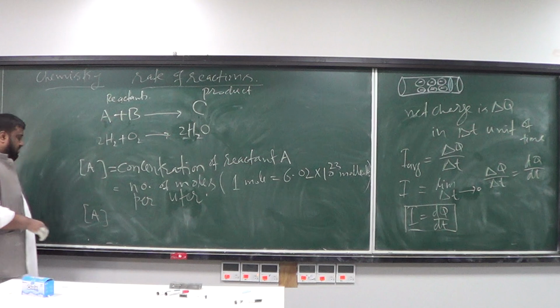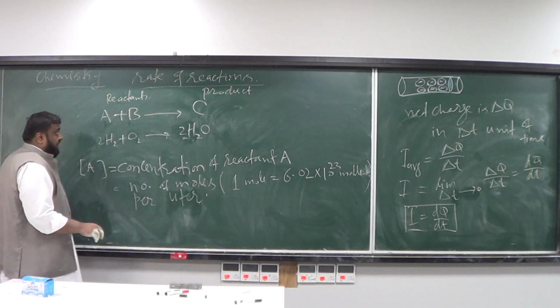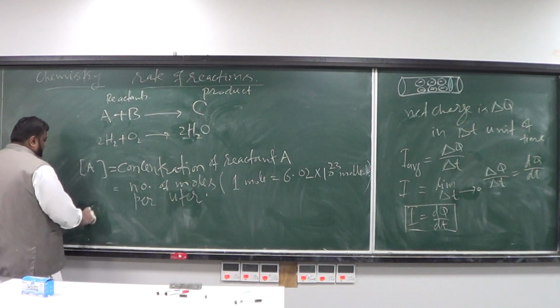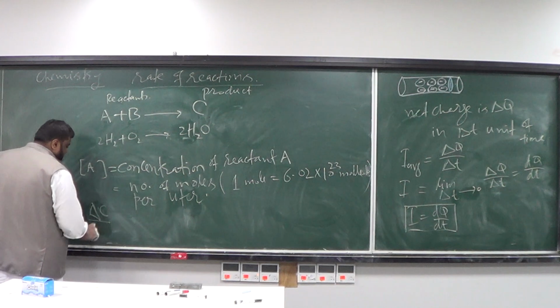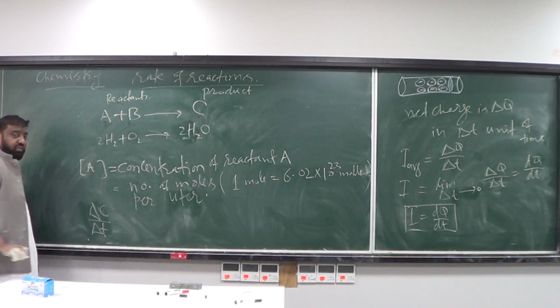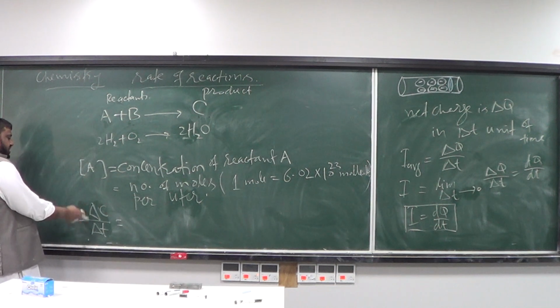So here's an interesting thing that I would like to know. I want to know how the concentration of C is increasing over the time. So this would be the average rate.